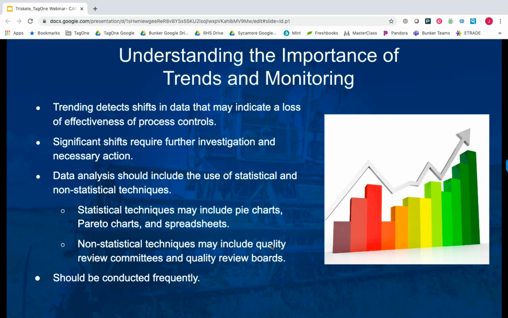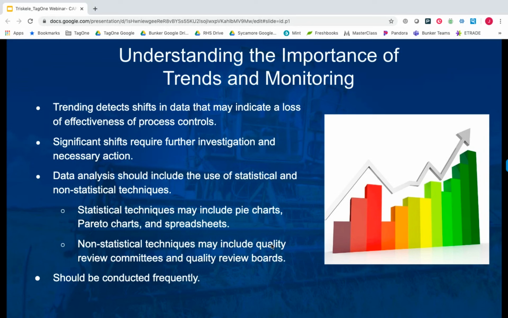And trending really needs to be done frequently, and it depends on what it is. Most operations in the cannabis space are looking at temperature and humidity in their cultivation areas and in their processing areas, but you may have an environmental monitoring program where you're looking at your bioburden data, and if there's a shift in that, you need to look at that, because you could potentially have product contamination.